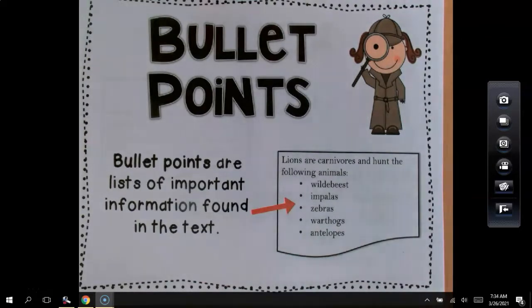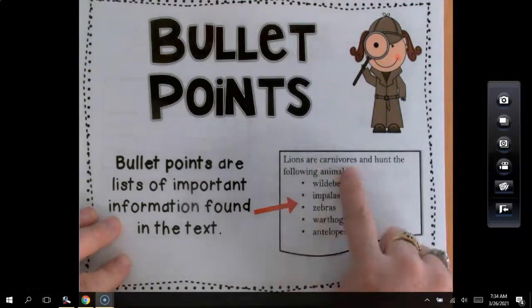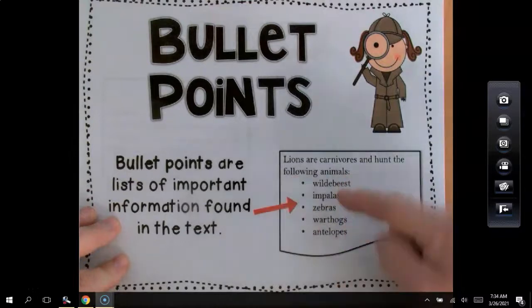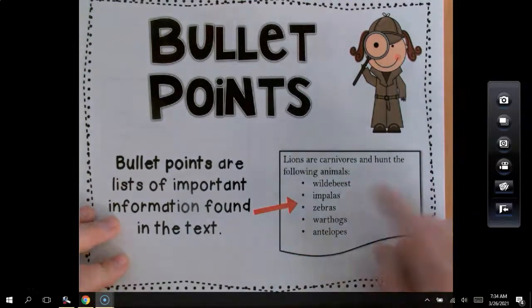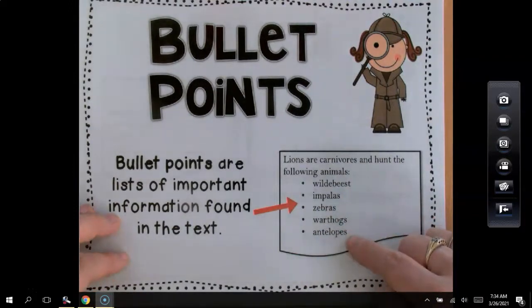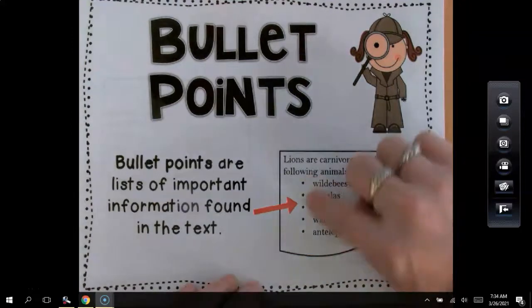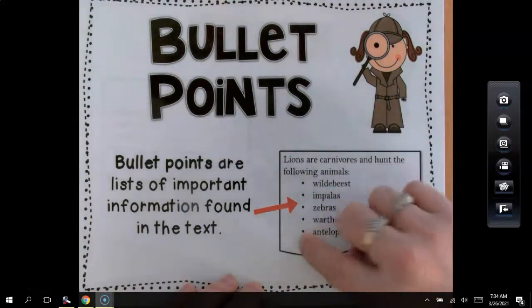You could make a bullet point for every thought, okay? So this says lions are carnivores and hunt the following animals, and this just lists the animals that they hunt: wildebeest, impalas, zebras, warthogs, antelopes. So those are called bullet points.